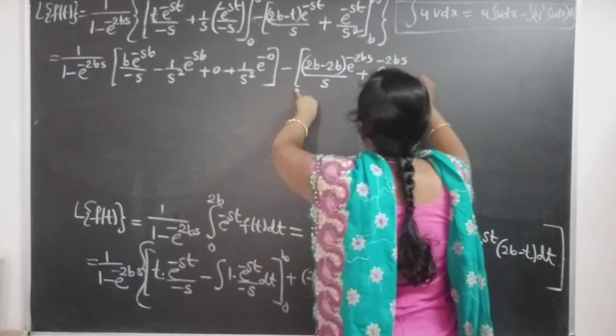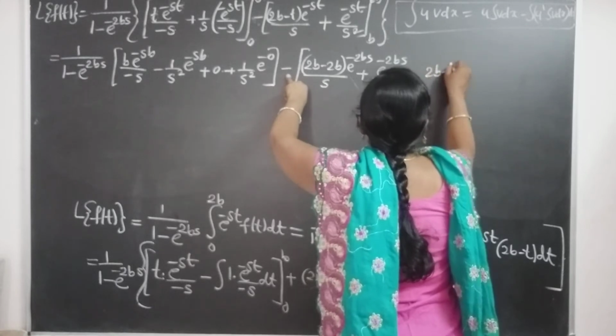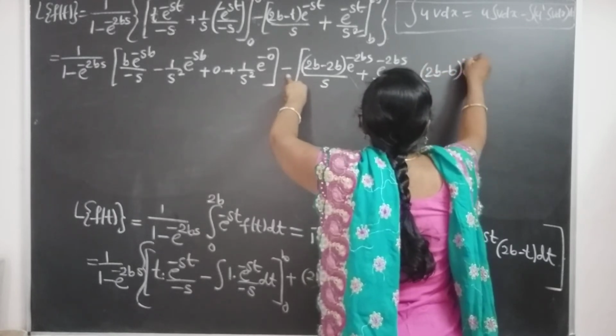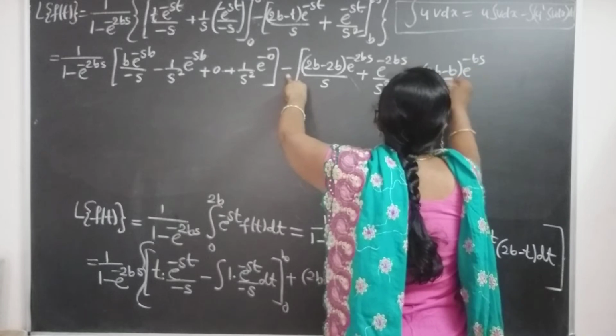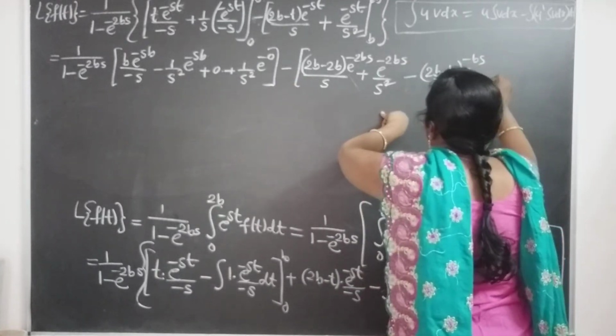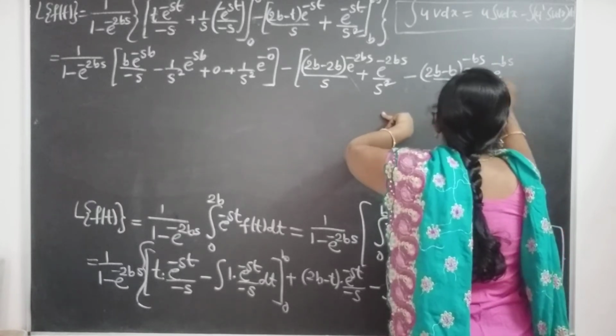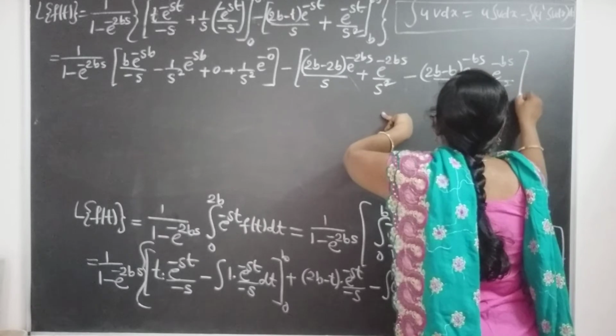Next lower limit: minus 2b minus b into e power minus bs by s minus e power minus bs by s square.